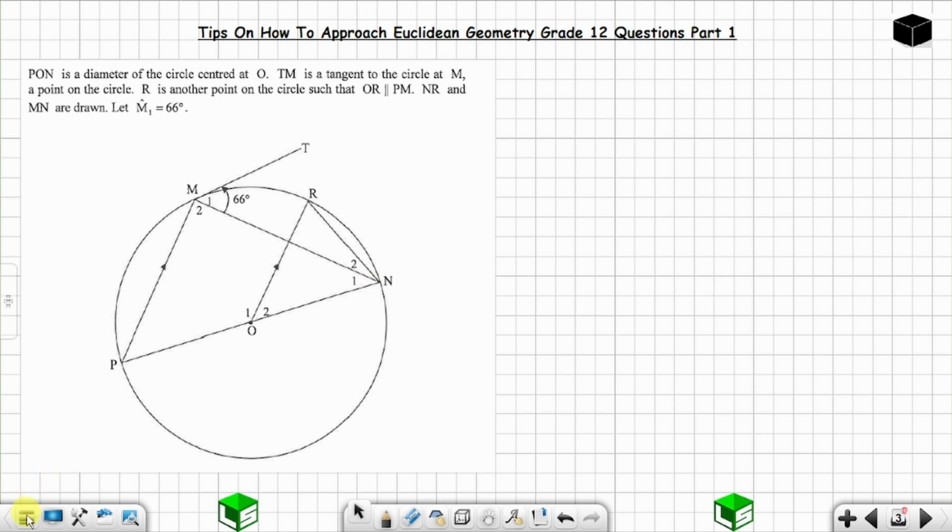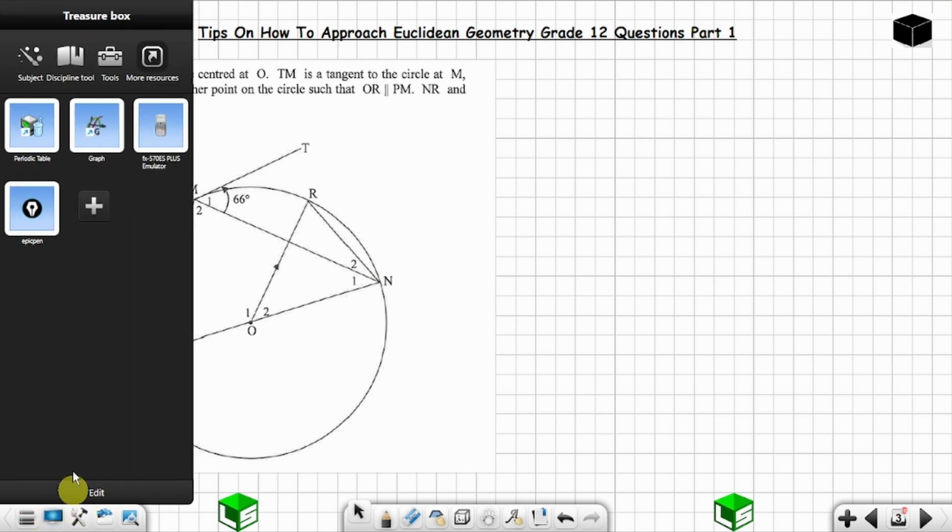Let me get a highlighter so that you can see what I mean.